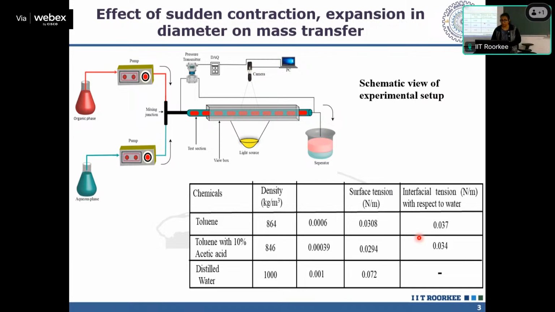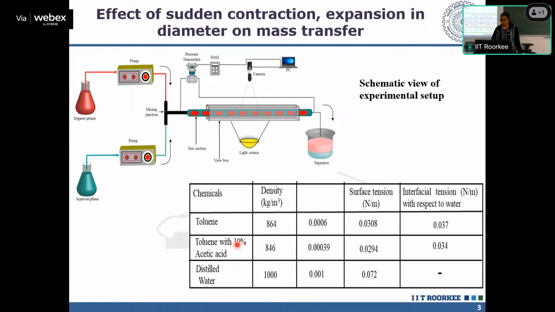This is the setup for our very basic experimentation. In this setup, we have a view box, as you have seen in the very first tutorial. We have taken the same thing, toluene and distilled water.